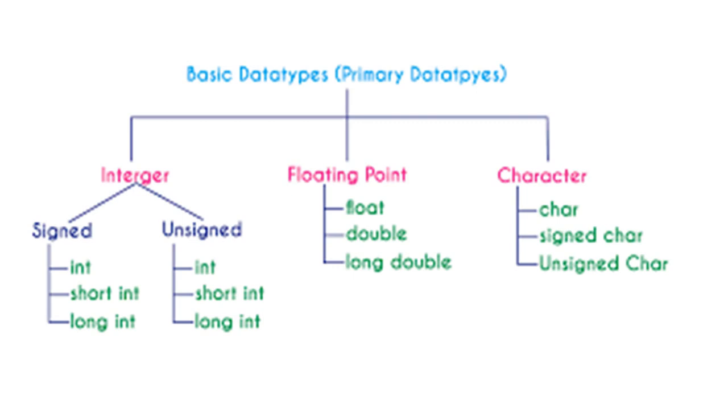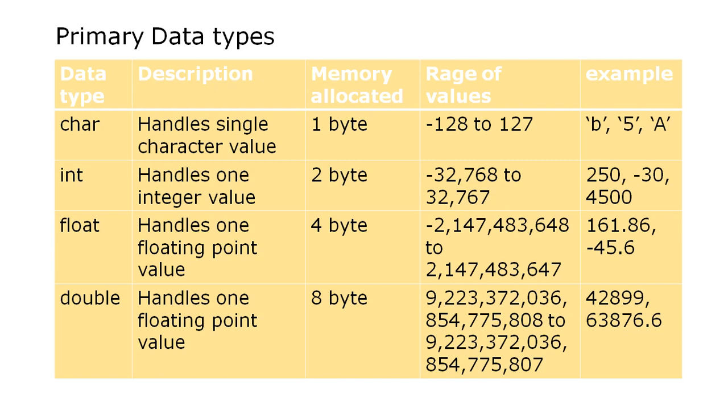Character: char, signed char, unsigned char. Here is the range of values that can be stored in a data type.